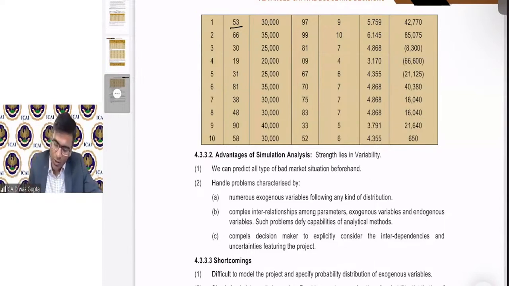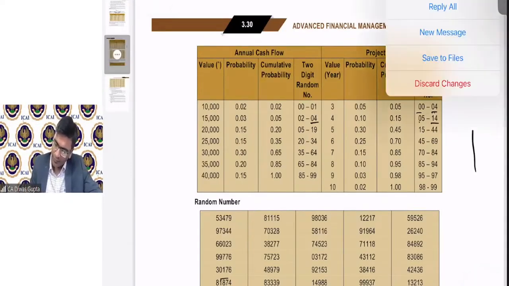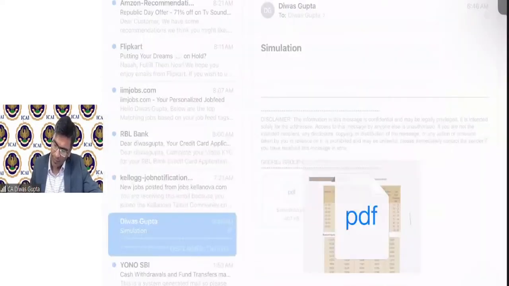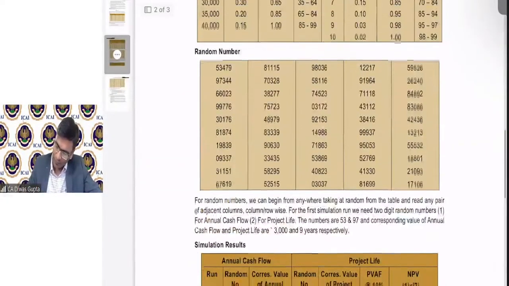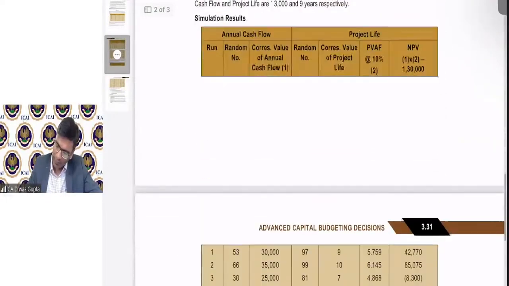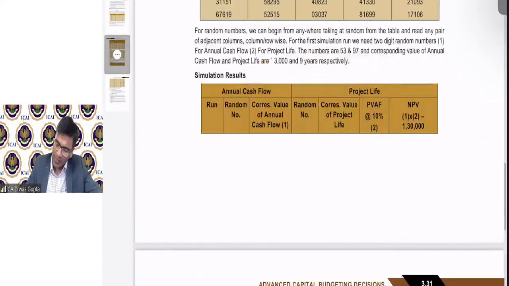That's why. So, see 53. How have we arrived at 53? Students, see the heading here, random number 53. Where have we taken 53?